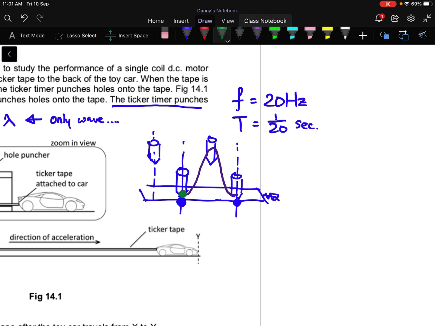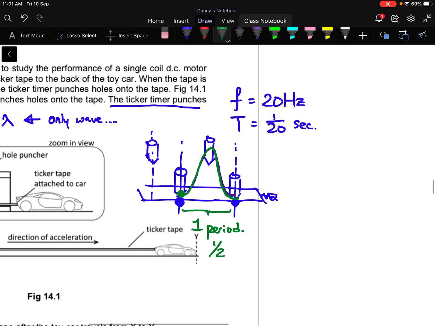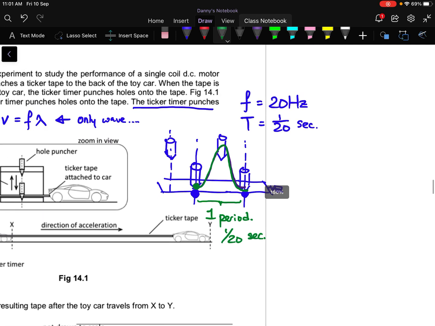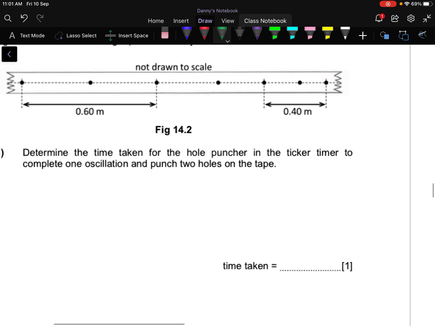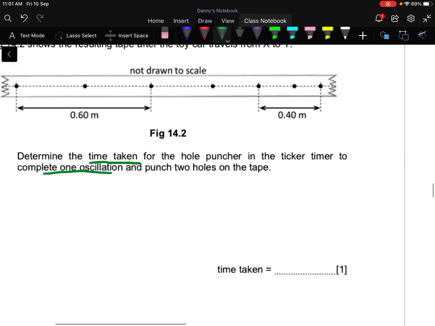The puncher starts from its initial down position, then is lifted up and then goes back down. This is one period. So the time taken for the puncher to make two holes is actually 1/20 seconds. And this is how you solve part 1.